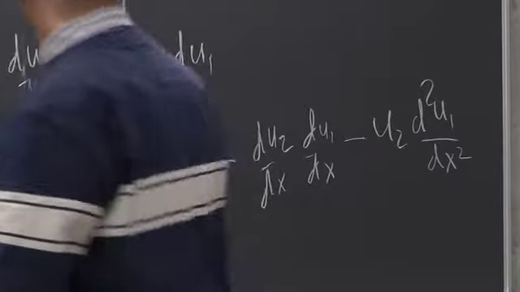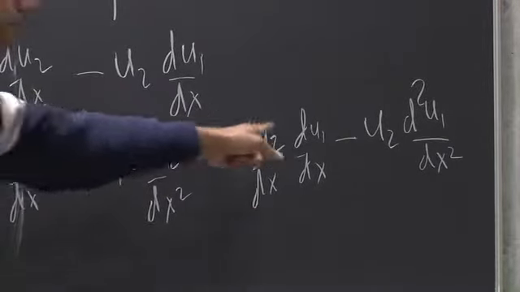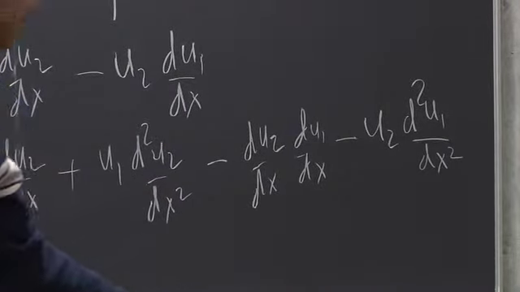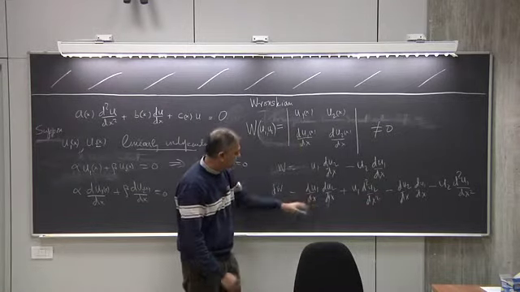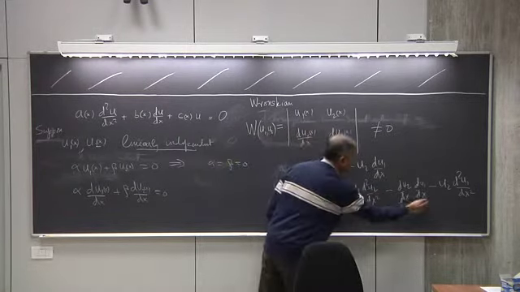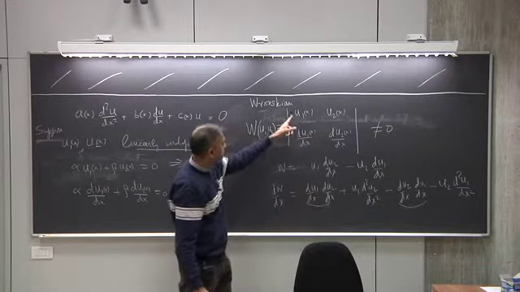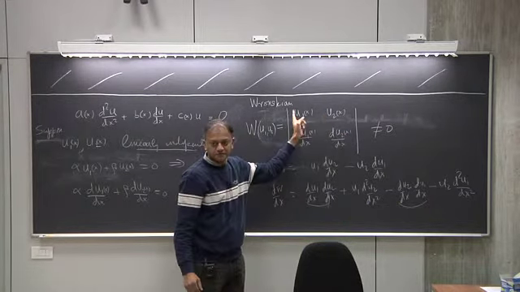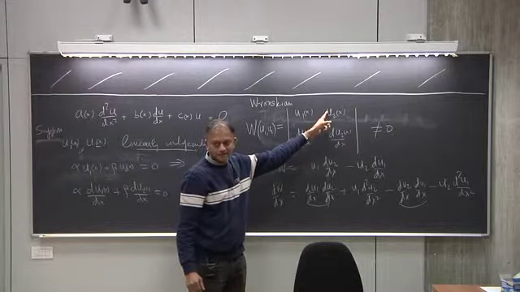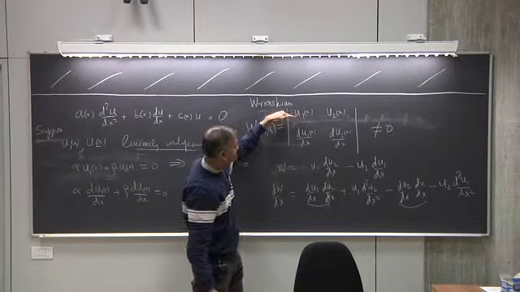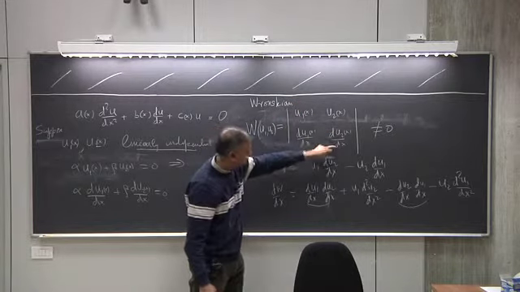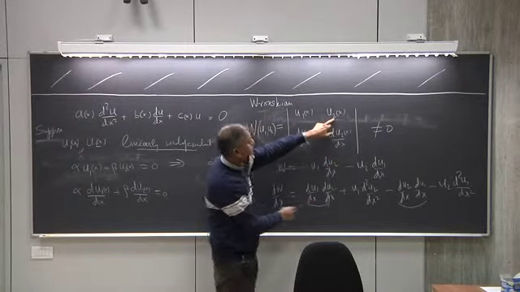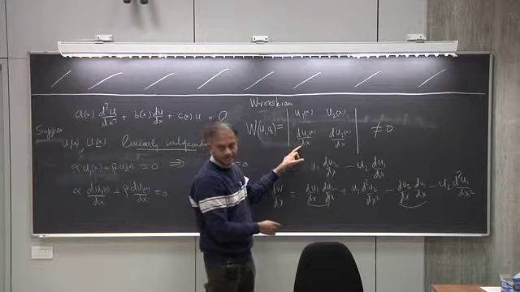But now notice that this cancels. In fact, you can see the rule of the differentiation is that if you combine these two terms, that is simply the determinant obtained by applying the derivative on the first row. If you apply the first derivative on the first row, you get precisely du1 by dx times du2 by dx minus du2 by dx times du1 by dx.